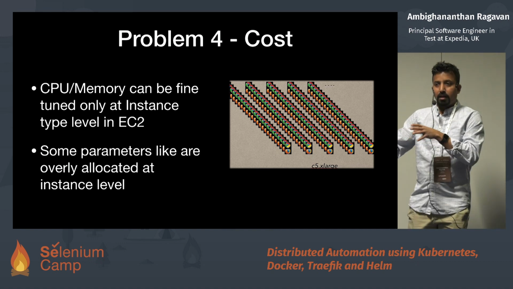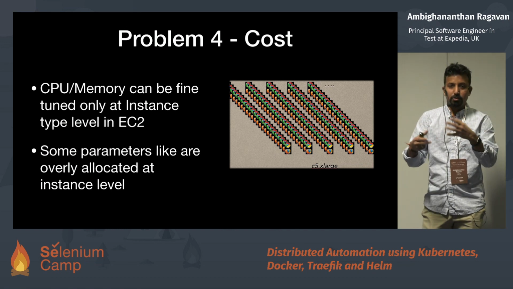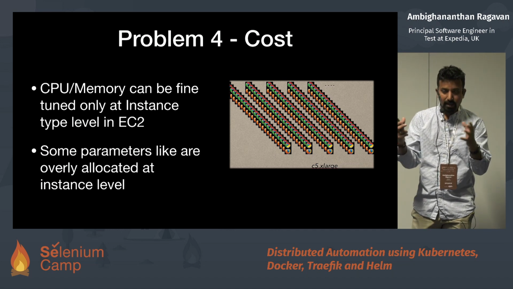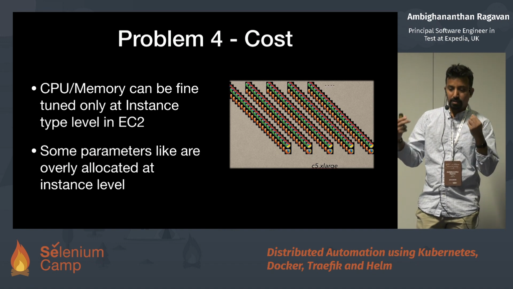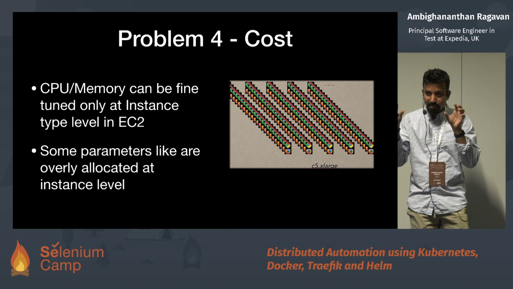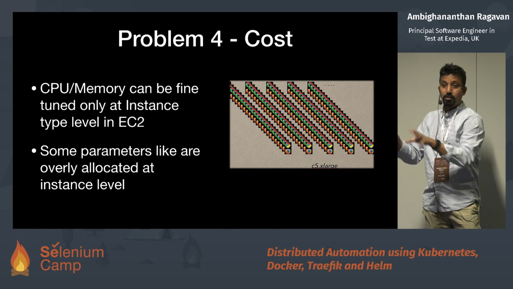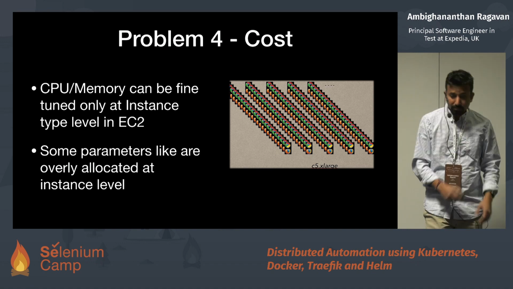Similarly, a node may use more memory in a box, but its CPU use is less. So I'm not making use of the whole resource. But containers give me the flexibility to fine-tune exactly how much I need to give for one browser. So you can save some money on that.